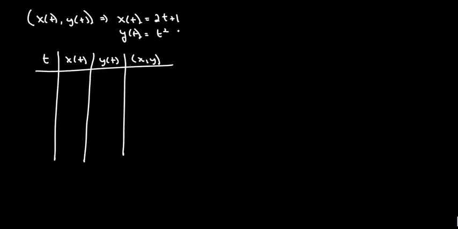Okay, and let's let t, I don't know, go from 0 to 2. Something very basic. So t is 0, 1, and 2. Now t can take on the values in between these, but I'm just writing down the integer values here.